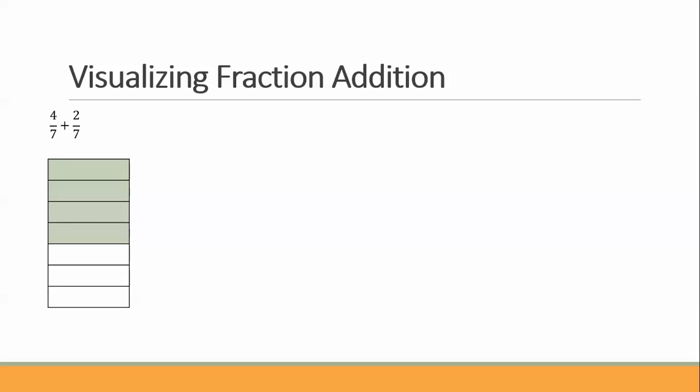Visualizing fraction addition. Just like when we had our boxes for integer addition, we can do the same thing with fraction addition. When we visualized fractions, we had 4 sevenths. That was a box divided into 7, and we shaded 4 of them.